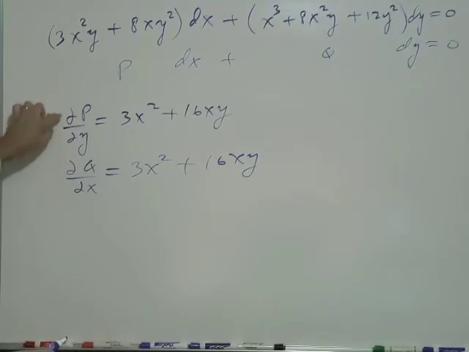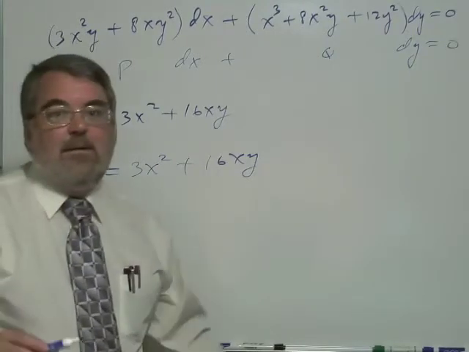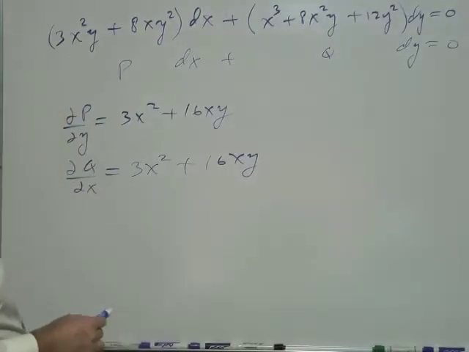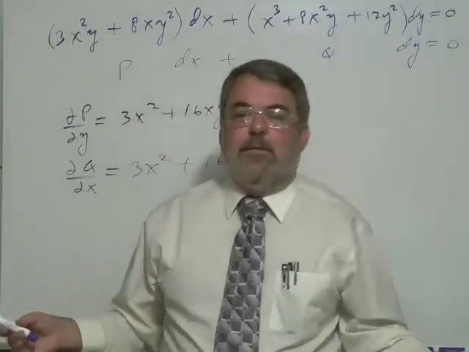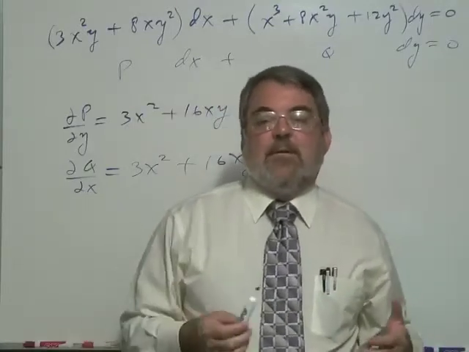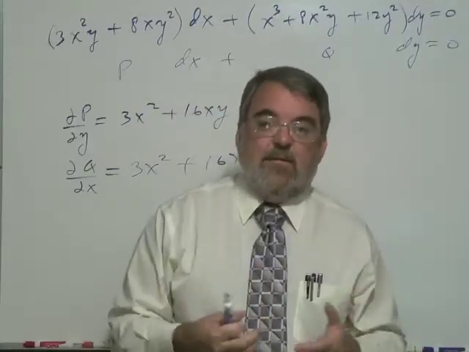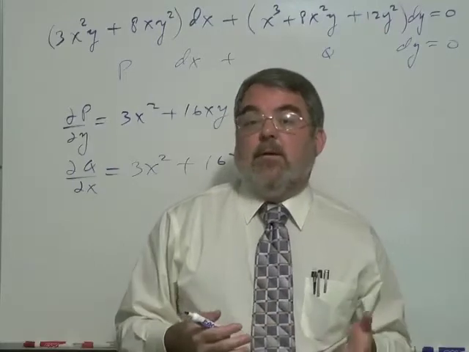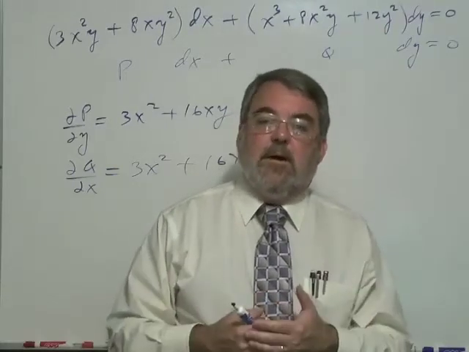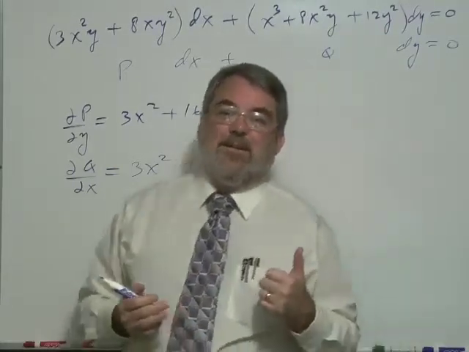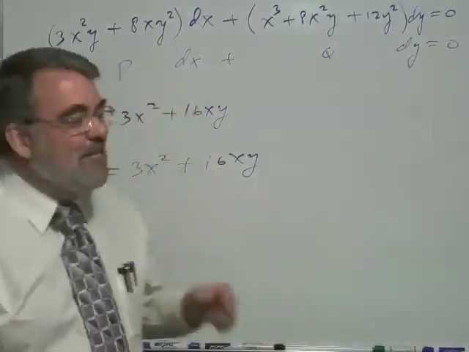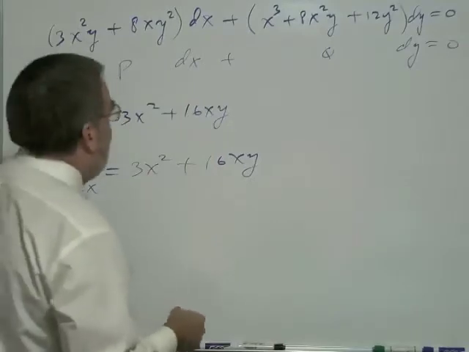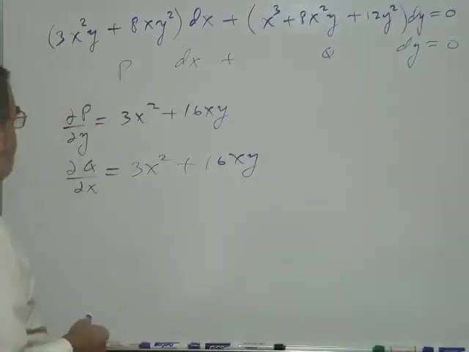Partial of p with respect to y equals the partial of q with respect to x. Now, if you just made up stuff, that's normally not going to happen. So this only happens under the right circumstances, under the right conditions. But it's important enough to consider here in this course because this is related to conservative force fields in vector calculus. So I think it's well worth looking at.